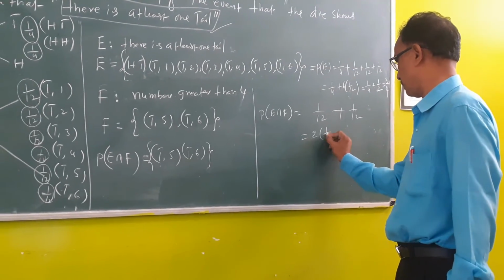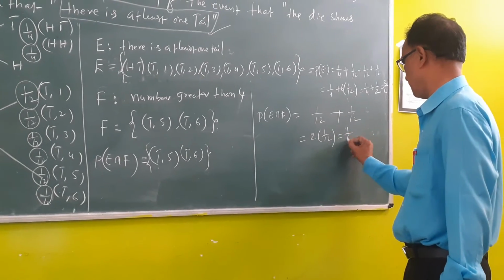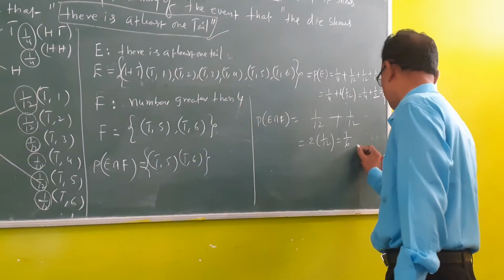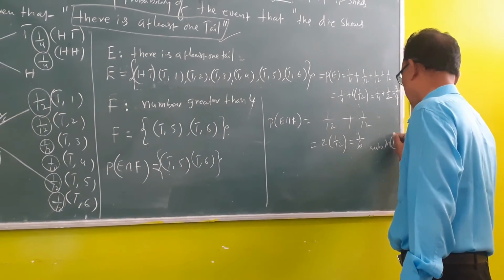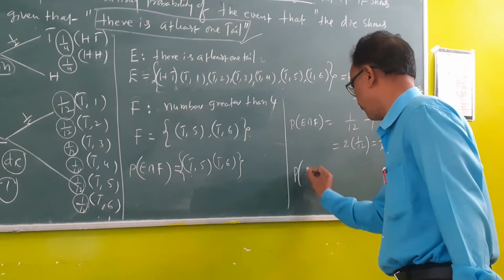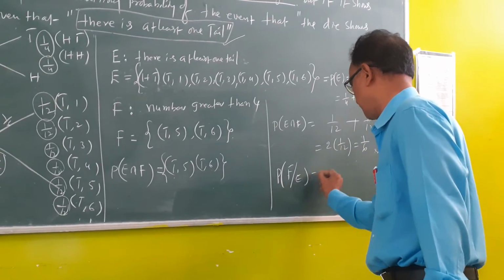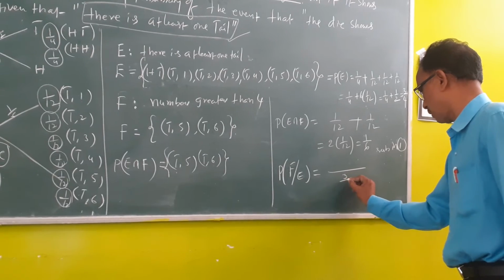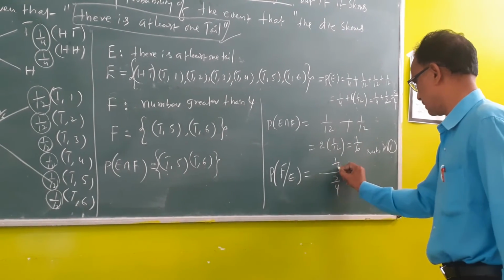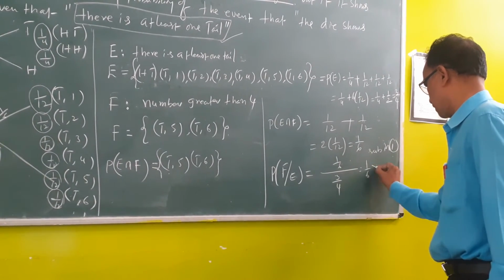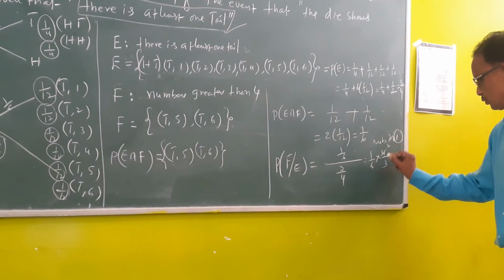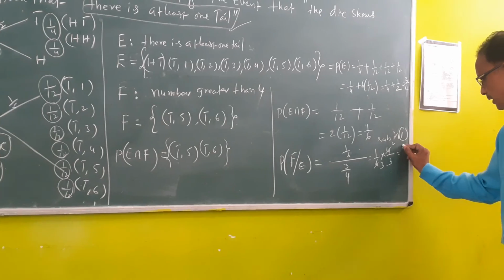So 2 by 12, which is 1 by 6. Now substitute in 1. We get probability of F given E equal to: probability of E is 3 by 4, so 1 by 6 into 4 by 3. Cancelling, 2 times 2, 3 times 2, we get 2 by 9.